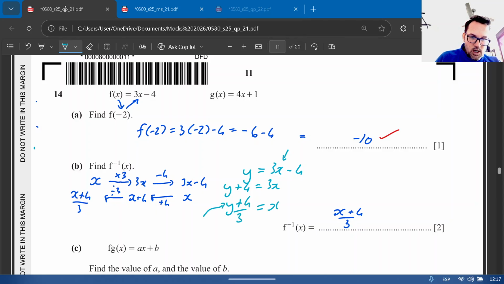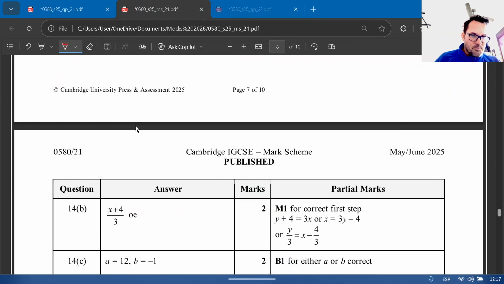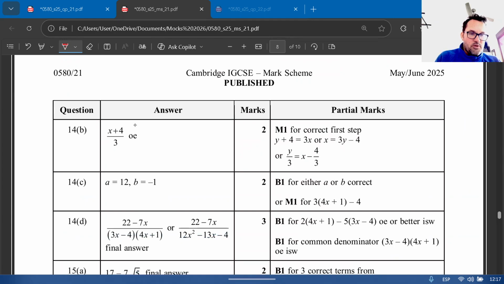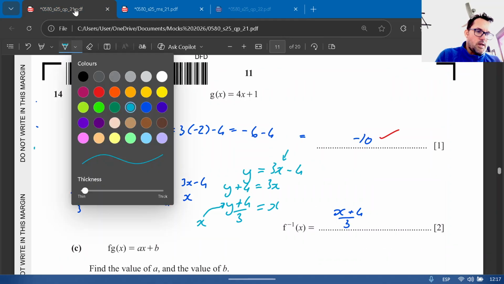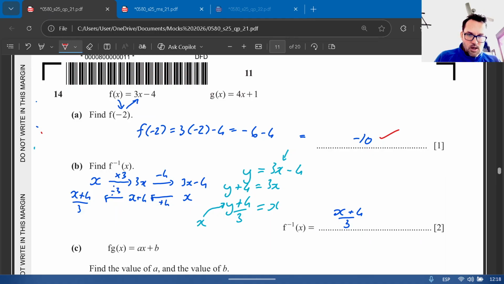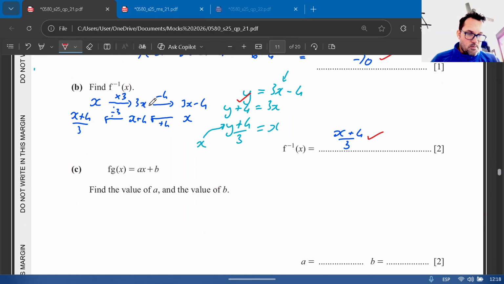Just remember to change the y for an x in your answer, because if you look at the mark scheme, x plus 4 over 3, or equivalent, I guess that means x plus 4 divided by 3, that's equivalent. Just not too complicated. Correct first step, which means having x plus 4, is 1 mark, and then for the final mark, make sure to swap the y for an x if you use the second method there.